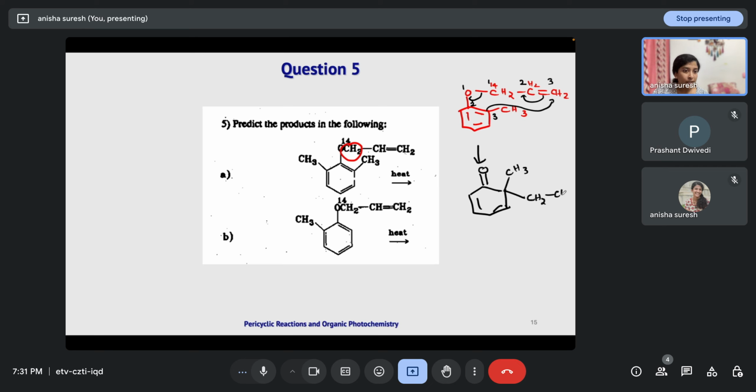CH2, CH double bond CH2. Sorry, let me rub and draw again. CH2, double bond CH, double bond CH2. So here now the labeled carbon is this one.